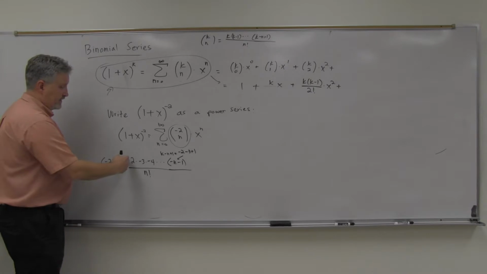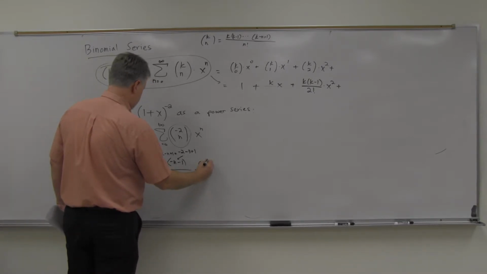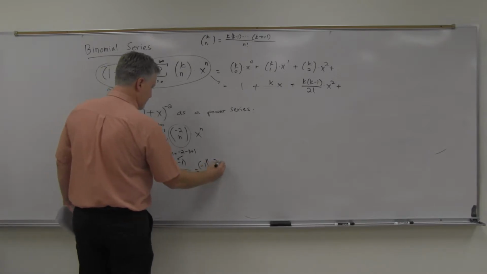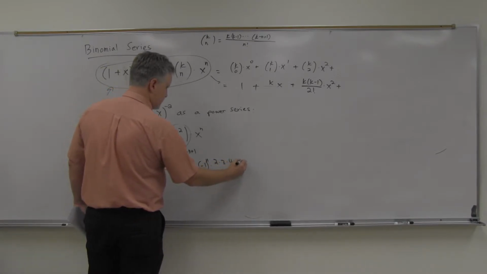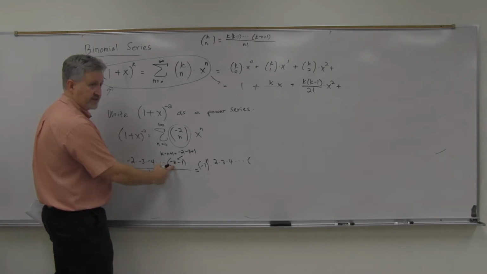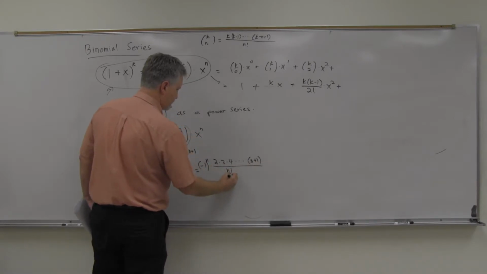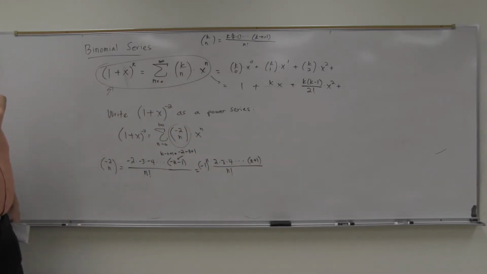And so that's where we do our things there. So I pull off the negative 1 to the nth, which would leave me 2 times 3 times 4, and so on, until I get to n plus 1, isn't it? Okay, pretty good answer. We could put that in.